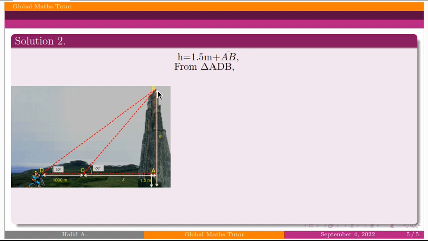First, for the bigger right angle triangle ADB, tan 30 degrees can be defined as the opposite side, that is AB, over the adjacent side, which is AC. AC means x plus this 1000 meters. So tan 30 is AB over x plus 1000.